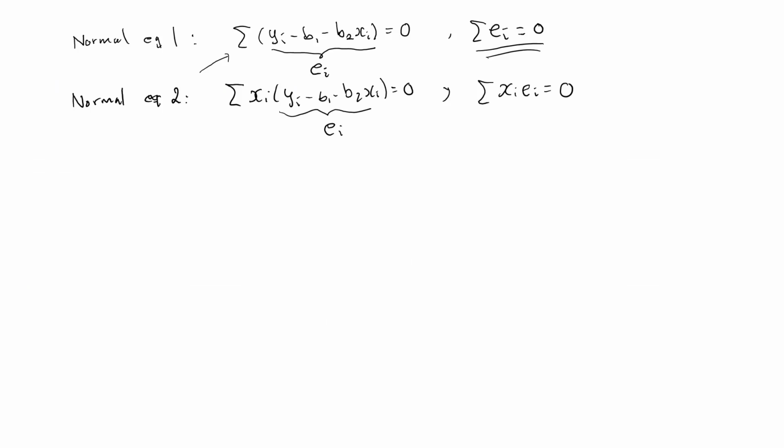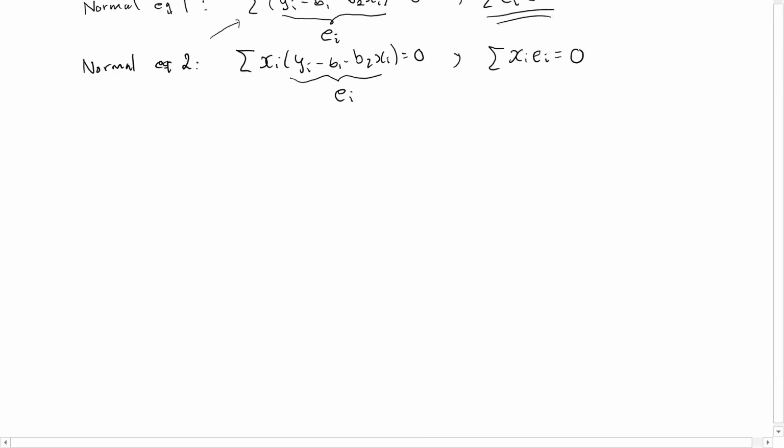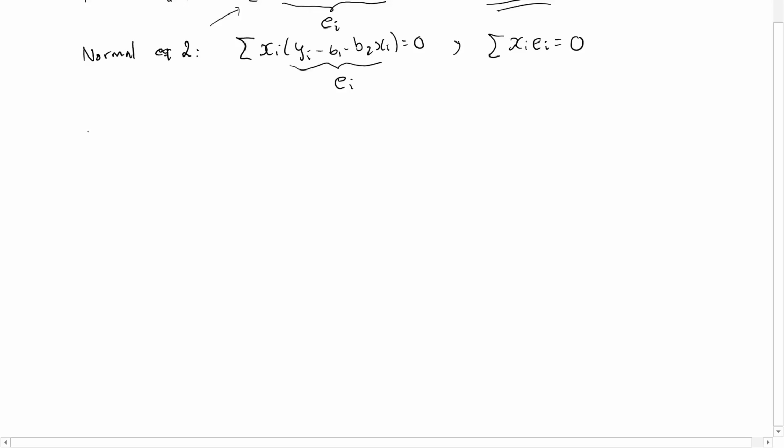So let's see if we can prove this then, that the sample covariance is 0. Remember that the sample covariance between x and e is given by 1 over n minus 1 times the summation of (xi minus x bar)(ei minus e bar). That's the formula for the sample covariance between x and e. We know from normal equation 1 that this is 0.